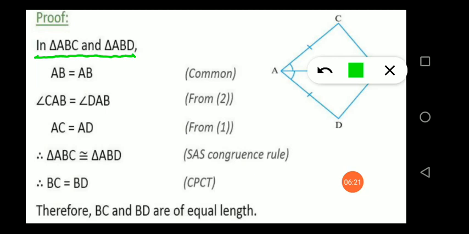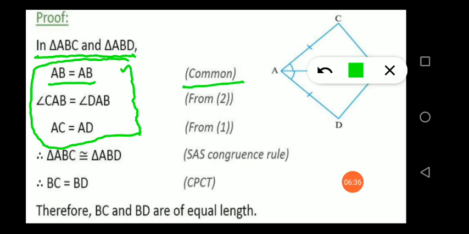So it is better to announce which two triangles and in which order you are taking them. Then write the parts which are given equal or which you have proved equal. So AB equals AB, it is common. Now the angles are equal because AB bisects angle A, and AC is equal to AD, it is given.